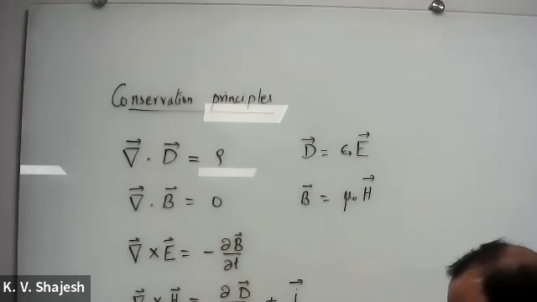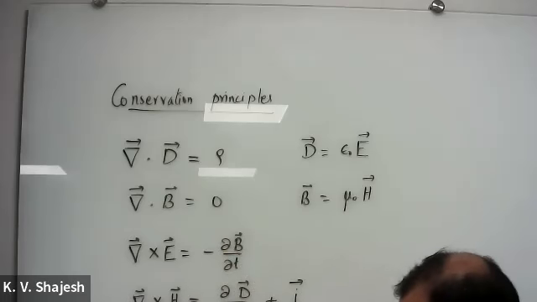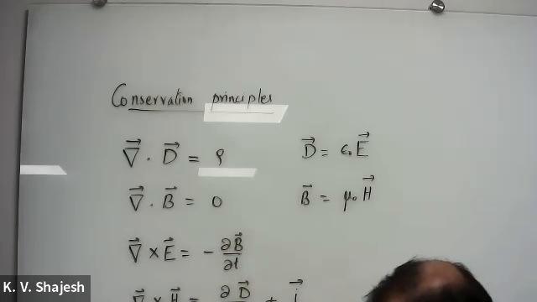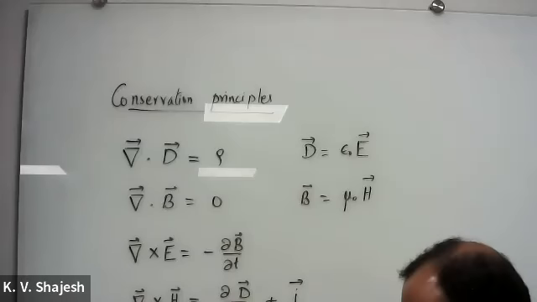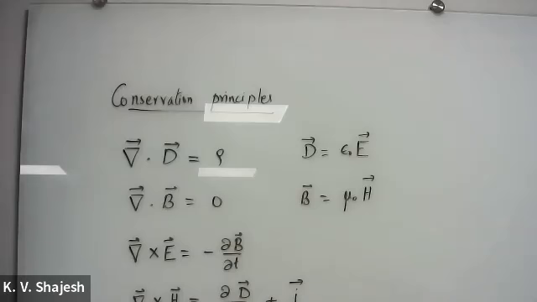So J here is interpreted as flux of charge, right? S will be flux of energy. How much energy is going across the boundary? Here, we said charges cannot be created or destroyed, but energy can be created or destroyed. What do I mean by that? It can be electromagnetic energy used up by a charge to move, right?